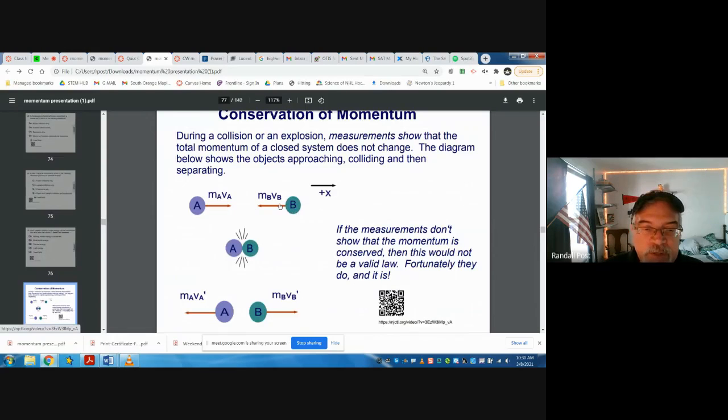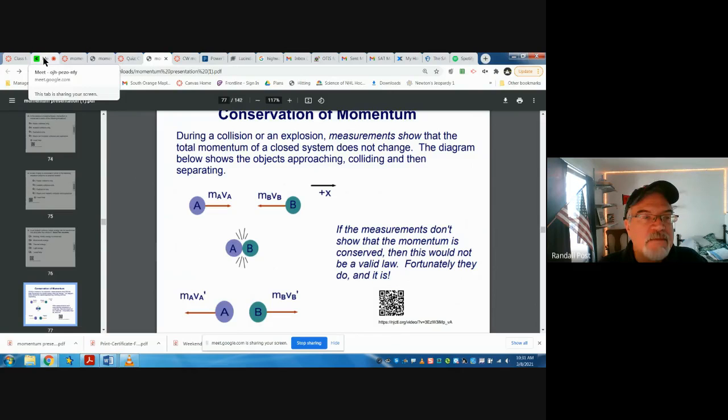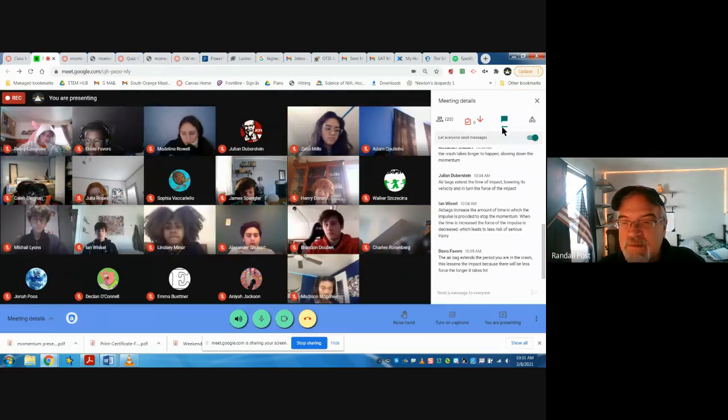So which would this be? A and B are heading towards each other. They collide, and then they bounce, and they go back out. Which one would this be? Would this be inelastic, elastic, or an explosion? Let's pause here. I'm going to ask the group. What you're looking at here, is this inelastic, elastic, or an explosion? Put your word in the chat, and let's see how you do.